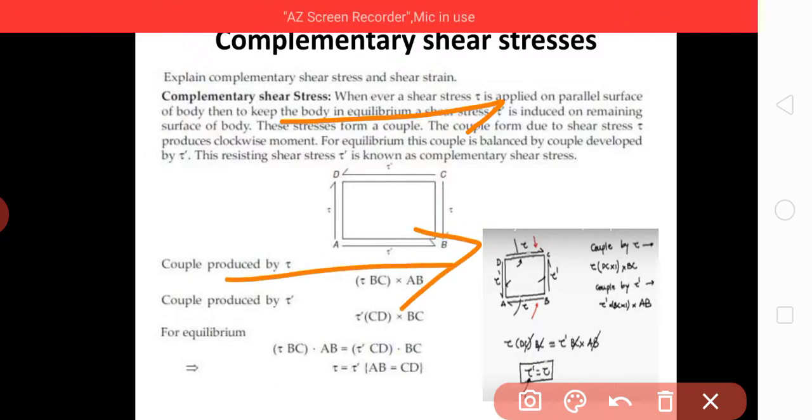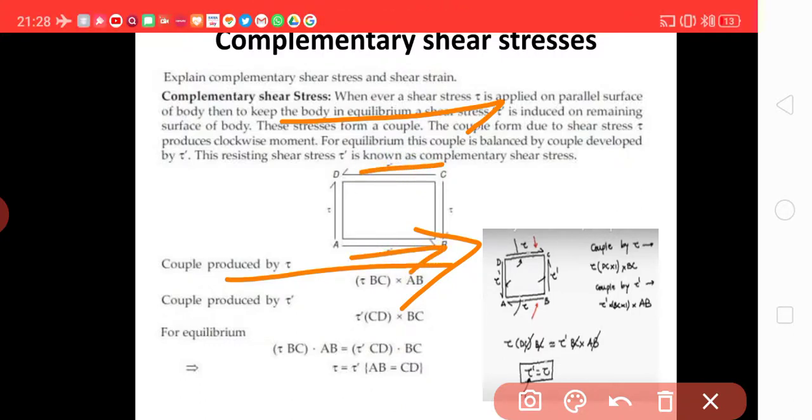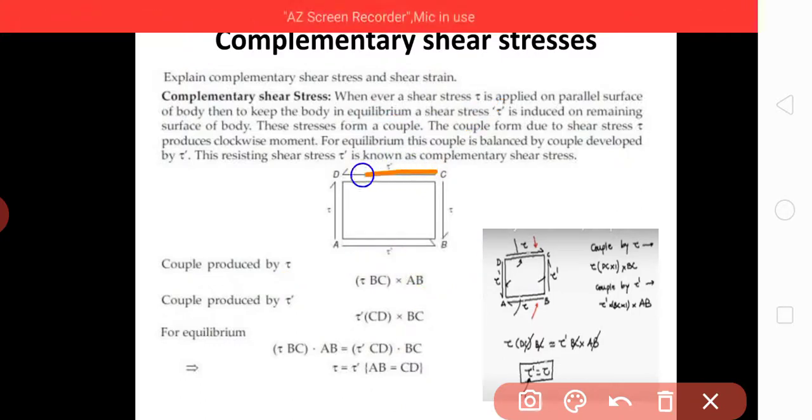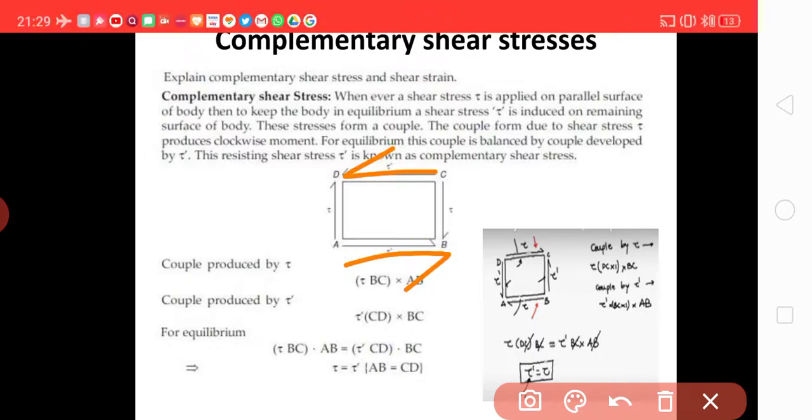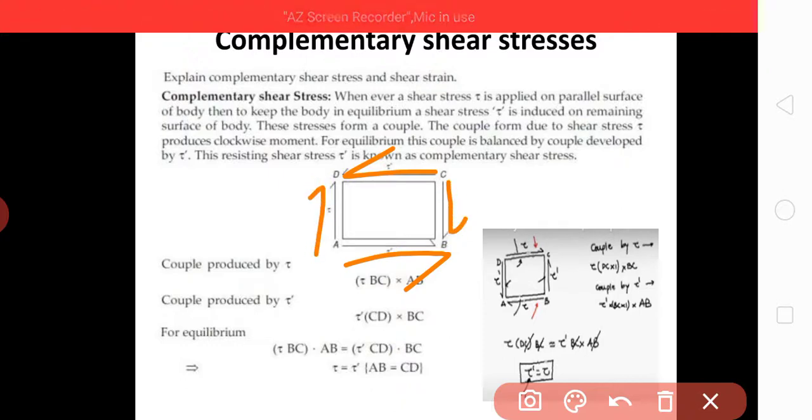So here, half arrow here and half arrow this side. Then the shear stress developing on the faces normal to this, the opposite faces, will have a direction such that they will counter the couple formed by these two stresses.